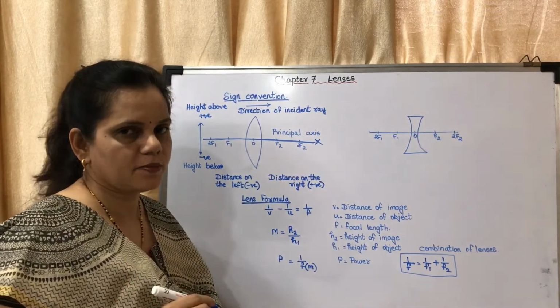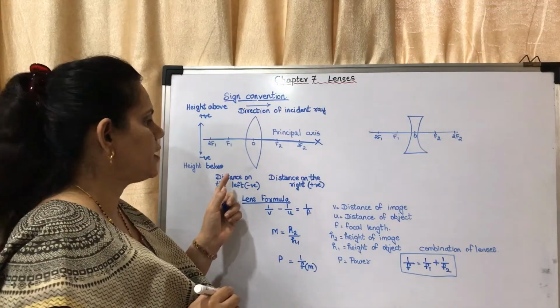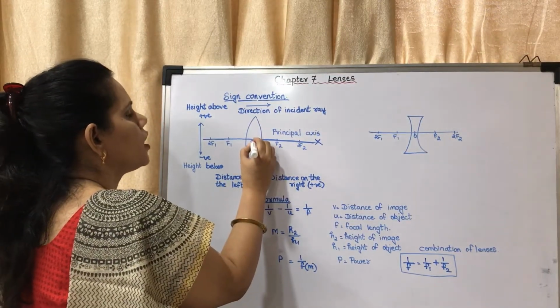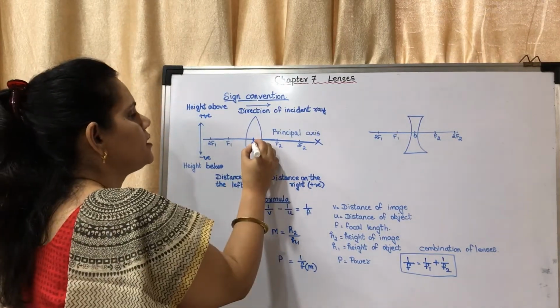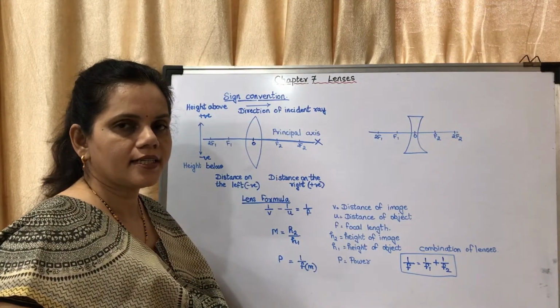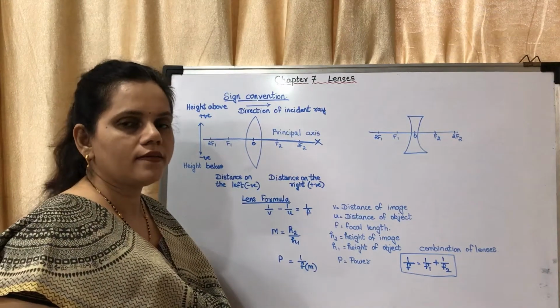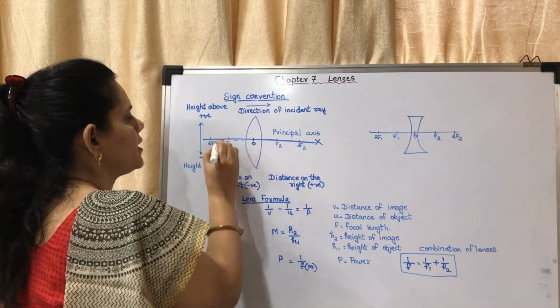The distances which are taken towards the left are taken to be negative, because according to a number line, if this is the optical center and this is taken as 0, whatever values are taken towards the left, they are taken as negative, isn't it?